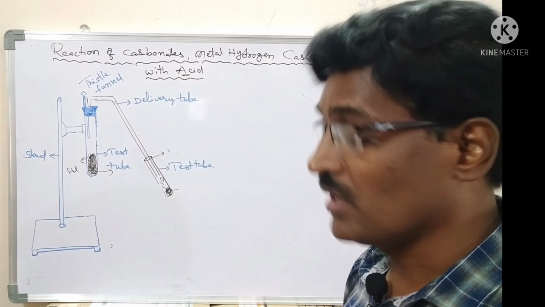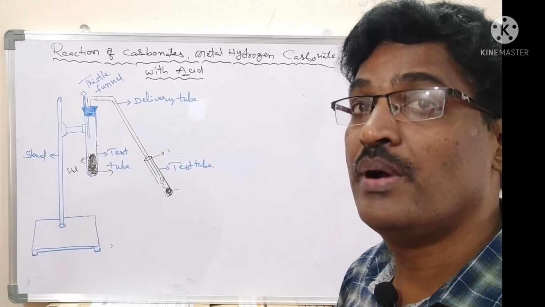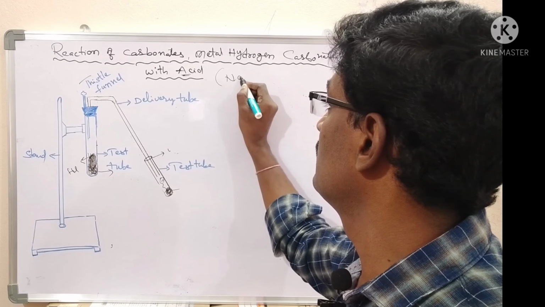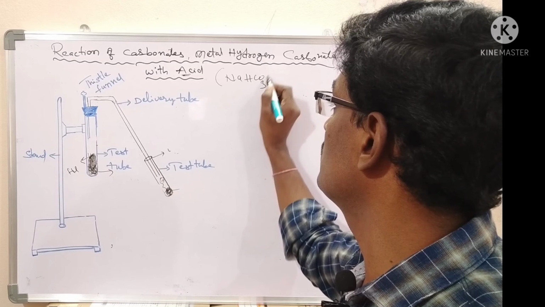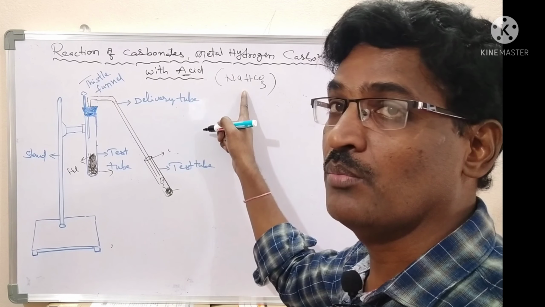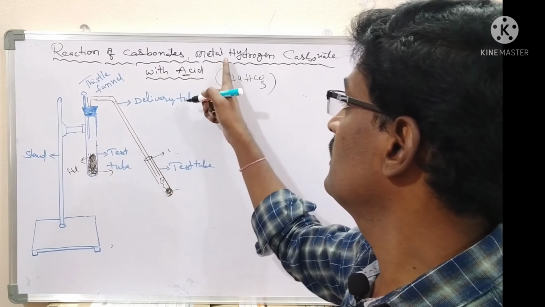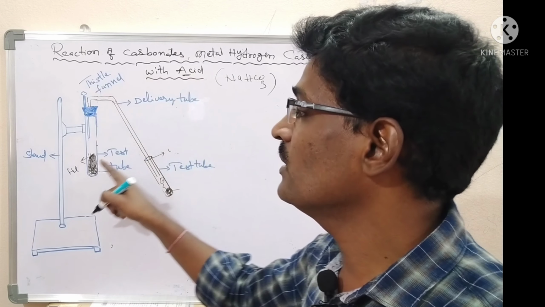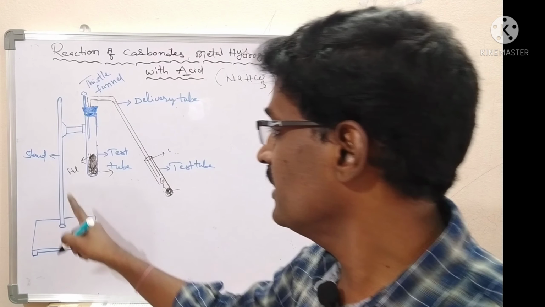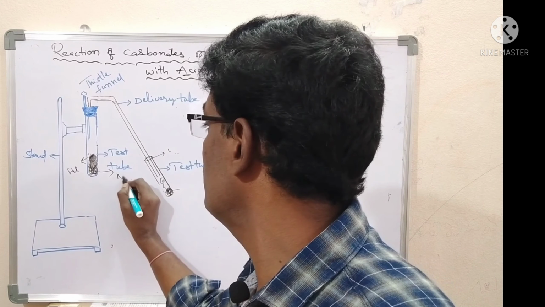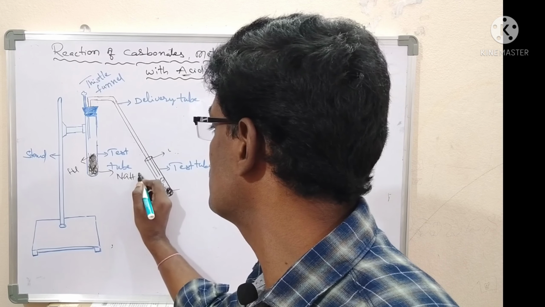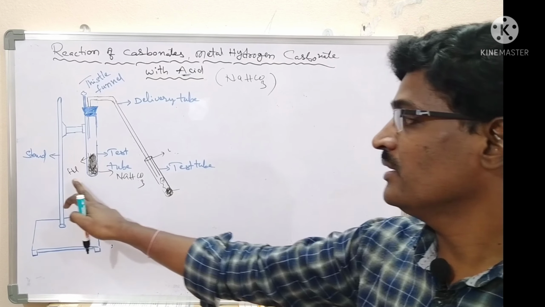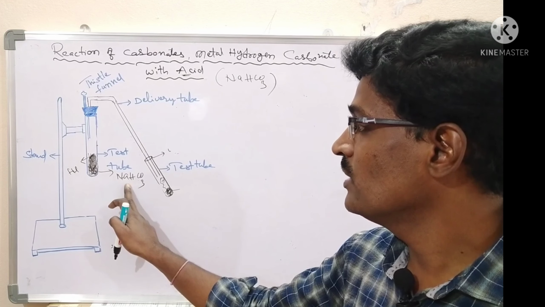Now, sodium bicarbonate, I am writing in the bracket, NaHCO3. It is a metal hydrogen carbonate. Sodium bicarbonate reacts with acid. What does it give? Acid we have taken, and we have to add sodium bicarbonate, NaHCO3. A reaction takes place between hydrochloric acid and sodium bicarbonate.